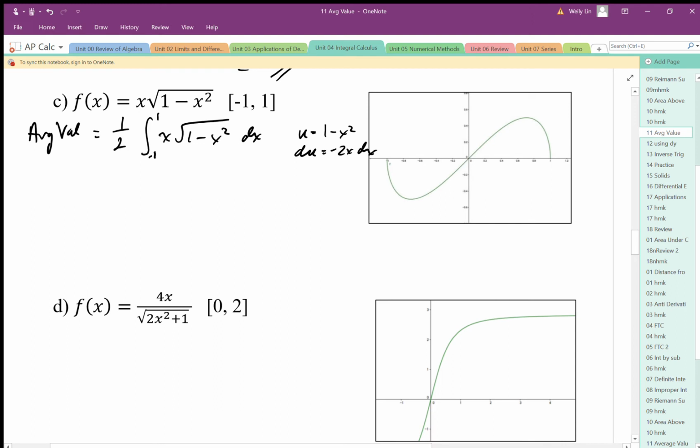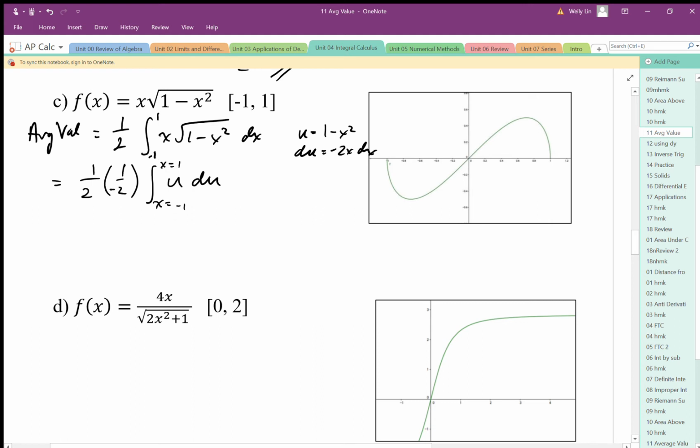So the -2 is going to go in the denominator there. When I substitute here, I'm going to have the -1/2 come on the outside. That's going to be u du from x equals -1 to x equals 1.